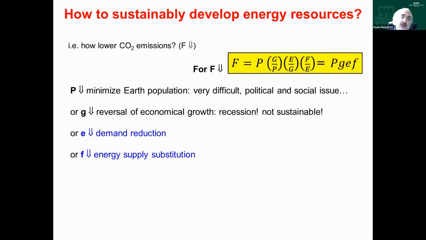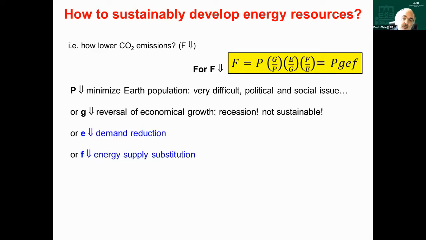So how to sustainably develop energy resources, which means how to decrease F, how to make F small. So just looking at the formula, we can minimize P, which is of course not easy, not just science, but is related to political and social issues.